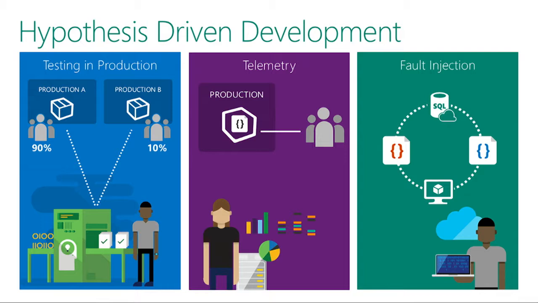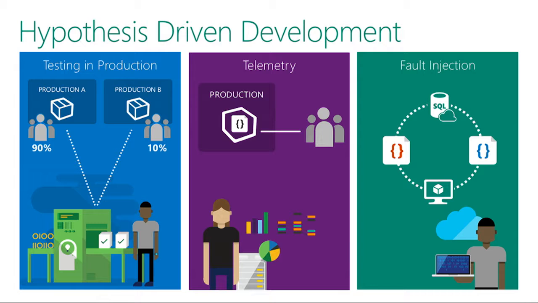But in true hypothesis-driven development, I almost say culture, the mindset is to have a minimum viable product, or MVP, that you can push to users and know, one, are they using it? Are they successful? All of these types of concepts.